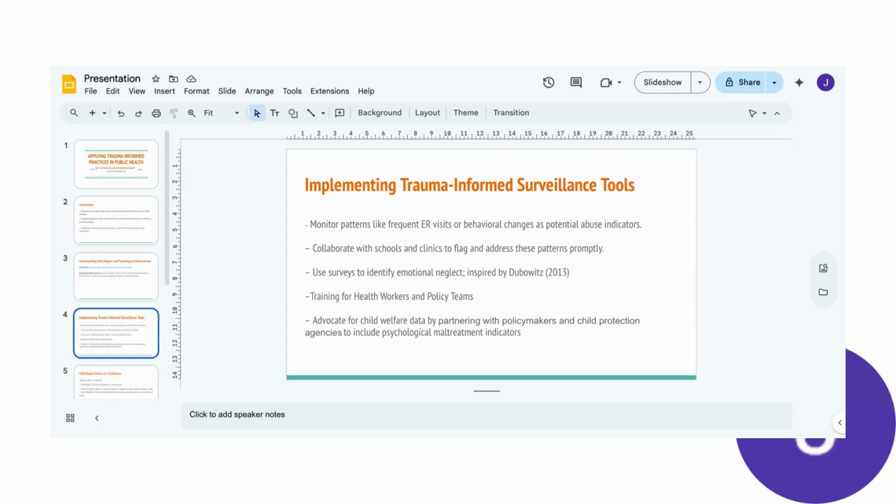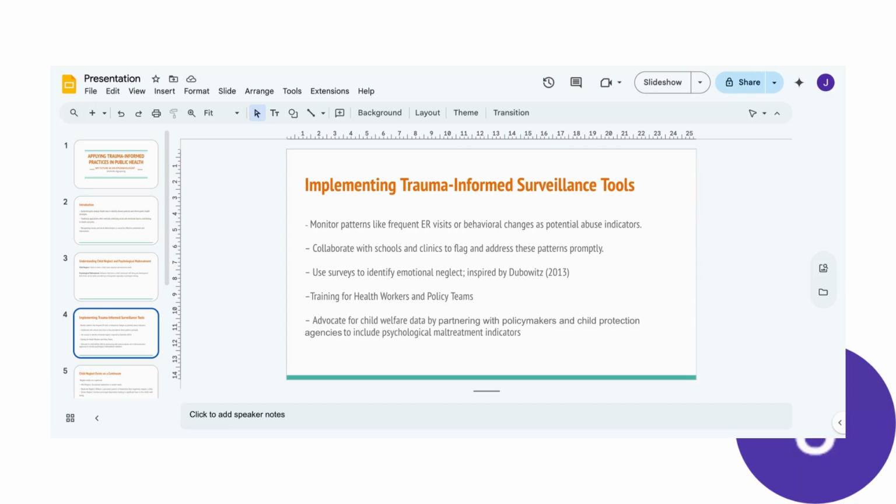Traditional public health surveys focus on physical injury or substance abuse, but what about questions like, do you feel emotionally safe at home? Or is there someone who makes decisions for you without your consent? So, by using surveys to identify emotional neglect, we can help combat the neglect children might face.